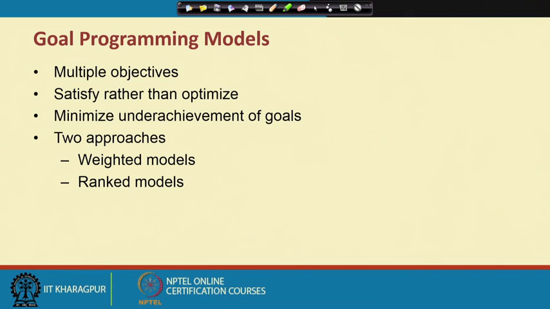So, in the linear programming problem corresponding to predictive analytics, we have the typical strictly optimizing output. Then corresponding to strictly optimizing output, we have over achievement of goals and under achievement of goals.